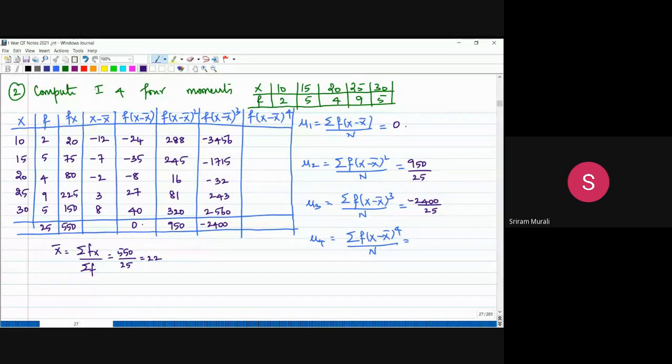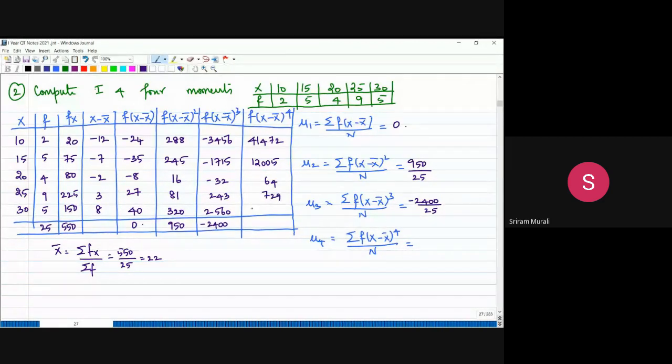Then mu 4. Sigma f into x minus x bar the whole power 4, sigma f into x minus x bar the whole power 4 by n. This is equal to, you should take this raised to the power 4, then you multiply with f. So power 4 will be 41472. This is 12005. This is 64.